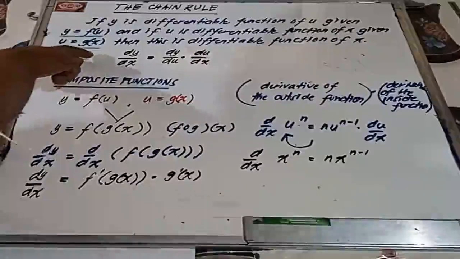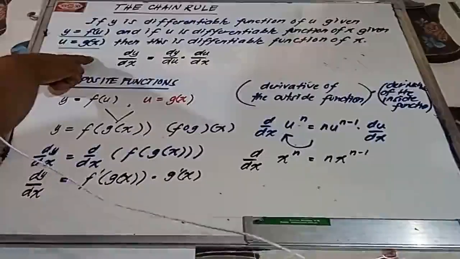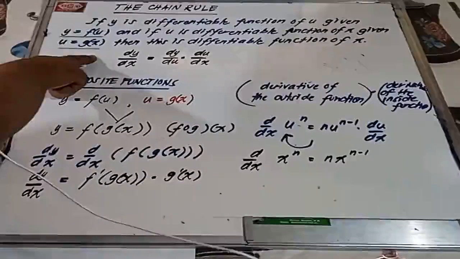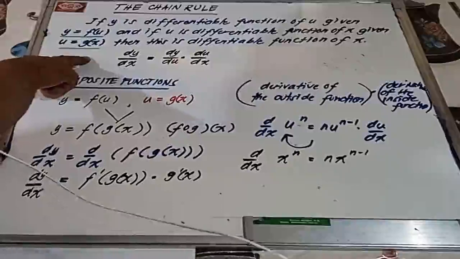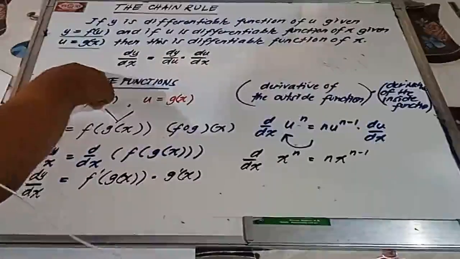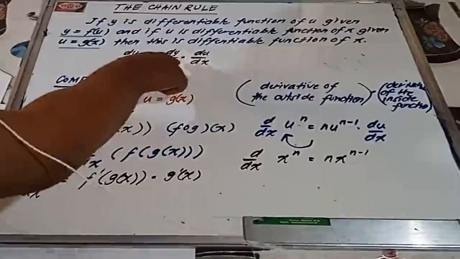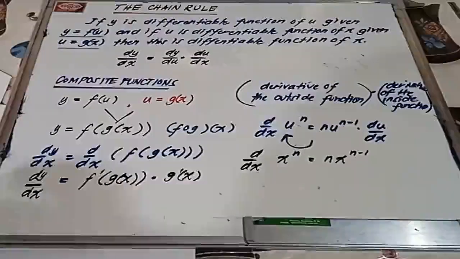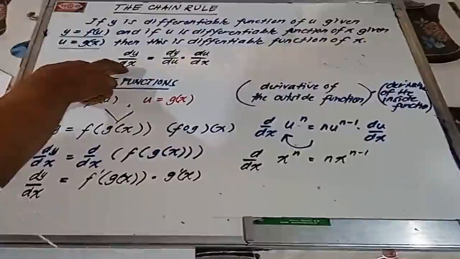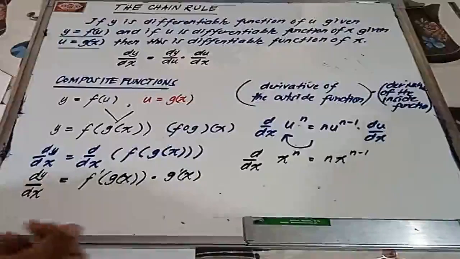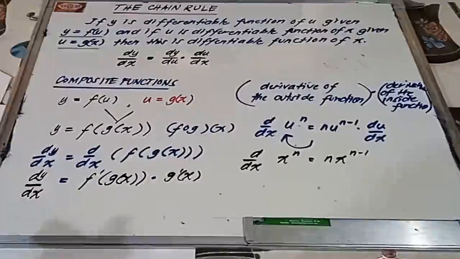If y is a differentiable function of u, and we have another function u equals g of x, and u is a differentiable function of x, we can determine dy over dx by multiplying dy over du through du over dx. And later on, I'm going to show you how to determine the derivative of composite function using this one. Okay? But for now, ito muna yung gagamitin natin, yung rules of differentiation na binigay ko sa inyo yesterday. Okay?